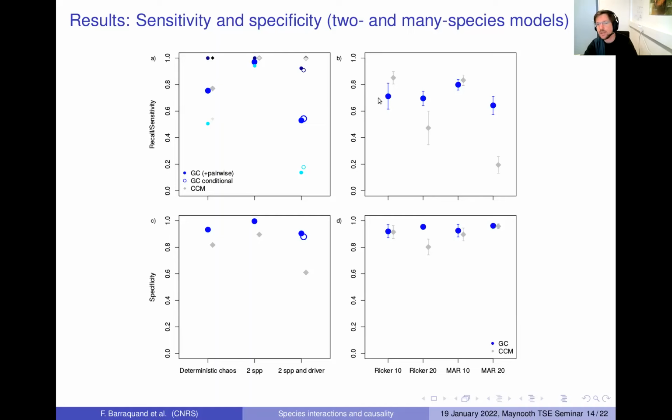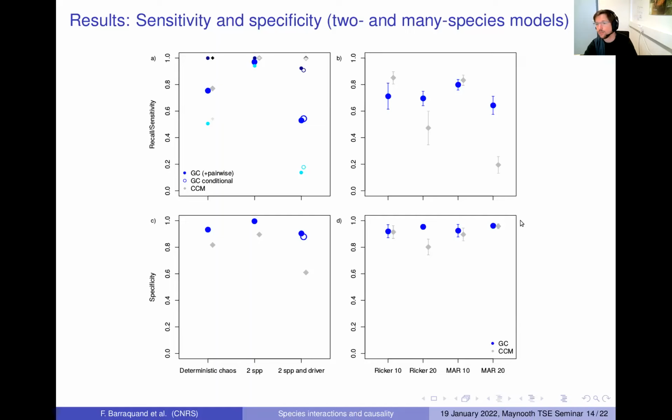As we see, the average performance of Granger causality is fine, while convergent cross-mapping, in that case, did not find back correctly the interaction for 20 species. This can be due to a number of things. And then the false positives were quite okay overall, although a little bit higher than they should have been for convergent cross-mapping with 20 species.